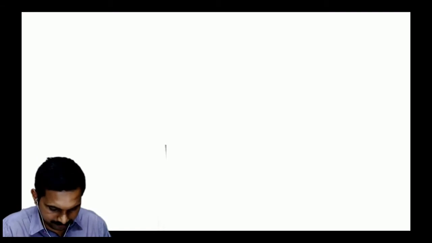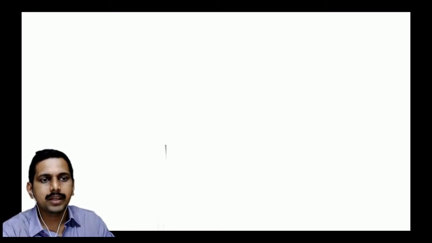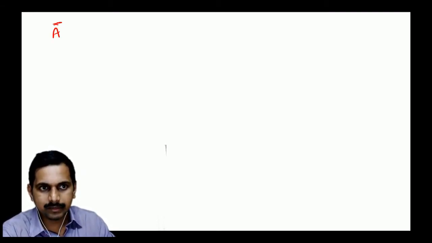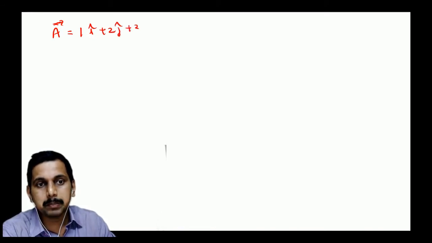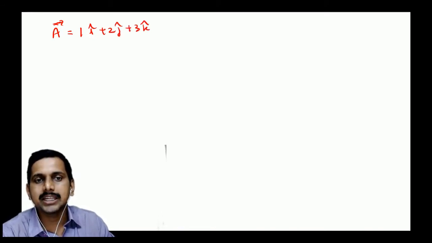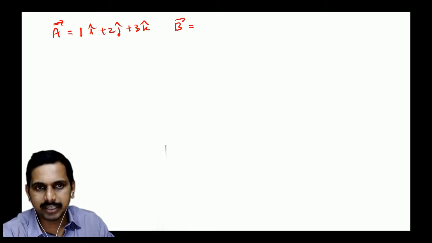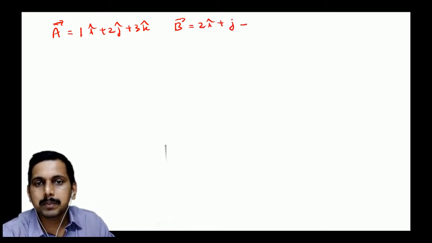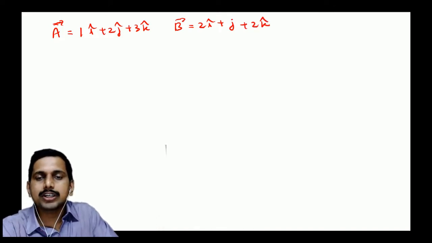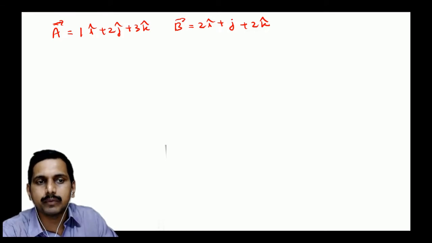So if I have a vector, say A vector is equal to, say, 1i plus 2j plus 3k, and another vector B, let us have it as 2i plus j plus 2k. I am just putting it arbitrarily. So what is the angle between these two vectors? If you have to find out, how do we do that?